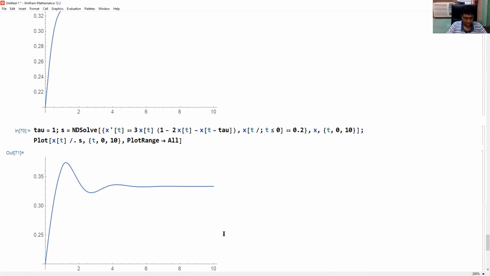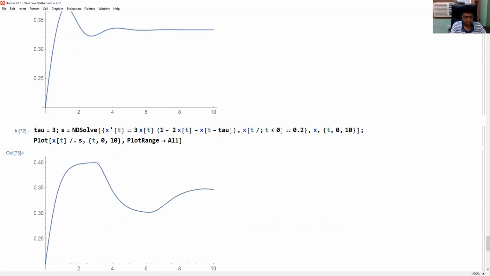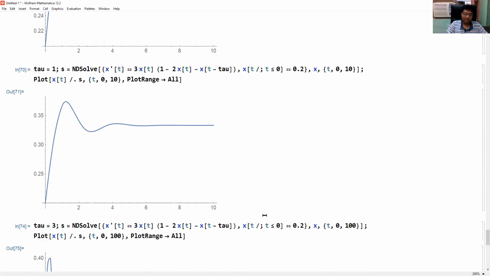Okay, stable. Let us take tau equal to 3. Again, instead of 10, we may take 100. It is converging. So whatever our tau may be, whatever our initial condition in the neighborhood of 1 by 3 may be, we are getting stable solutions.